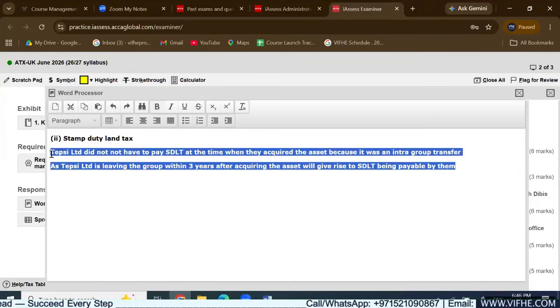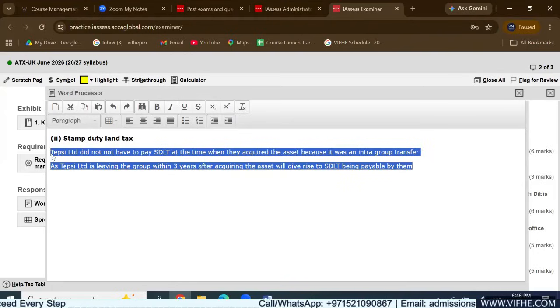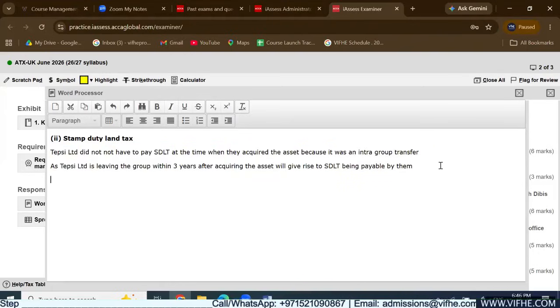And again, it is up to you if you'll be doing the calculation on the spreadsheet. On the first 150,000, there is going to be no SDLT. Then on the next 100,000, there is going to be a charge of 2%.